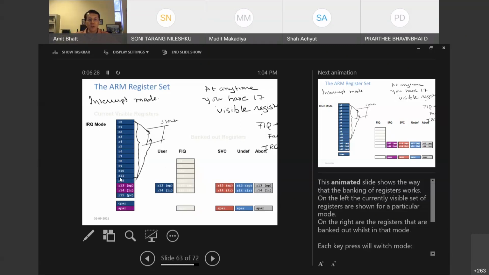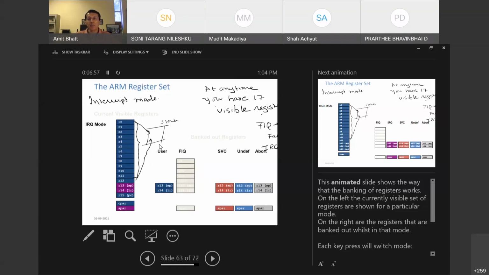So what it means for you is that you don't have to save R0 to R12 when you come out of the user mode. We just have to save R0 to R7. Now you may say, okay, you have saved 5 registers less, but you must understand, saving each register takes 1 cycle. So if you want to save 13 registers, it would take 13 cycles.